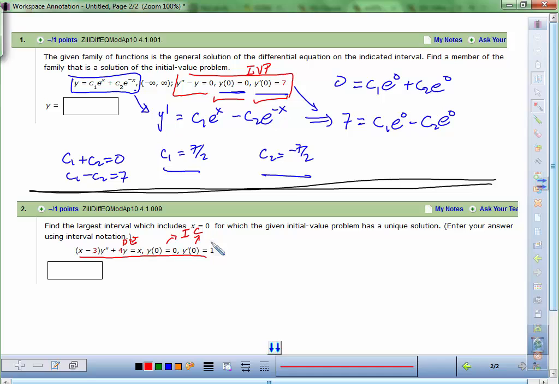So let's look back at the theorem and try to remember what the conditions are. Let me rewrite this equation: x minus 3 times y double prime plus 4 times y is equal to x. Now, if I really want to get nitpicky about this and identify all the different functions that I have, I would identify this as a sub what?